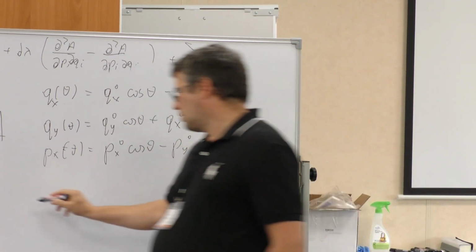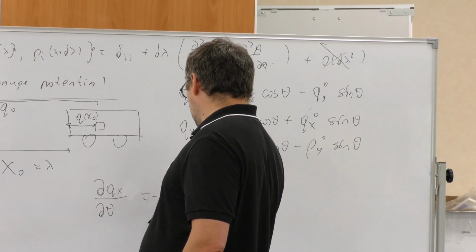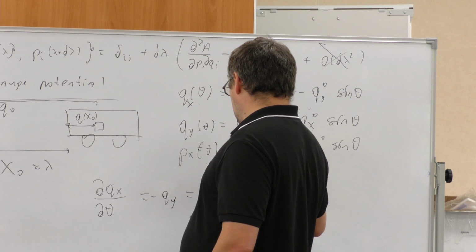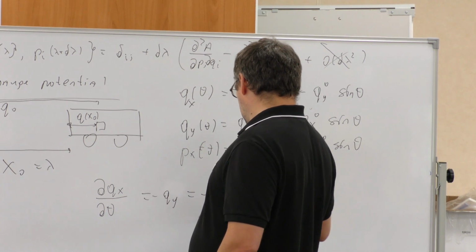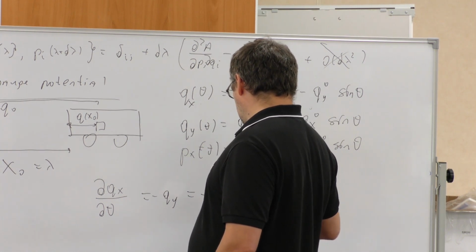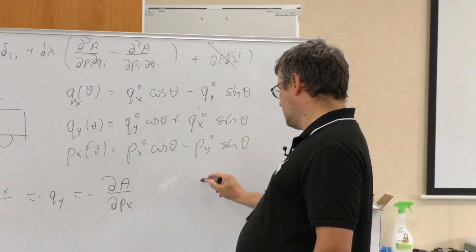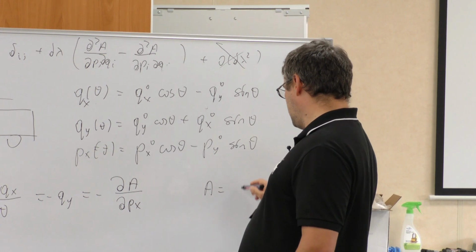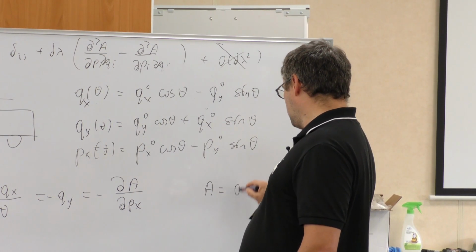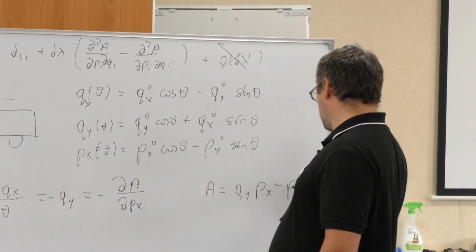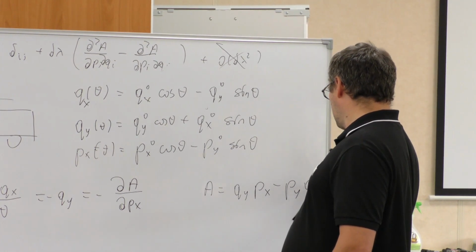On the other hand, it has to be minus dA dpx. So A will be qy times px minus py times qx.